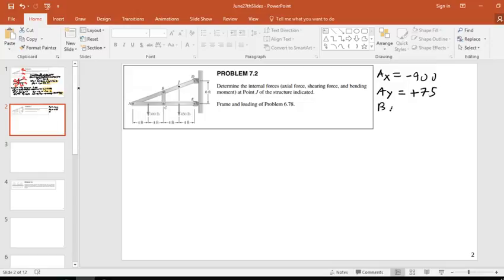BY was negative 825. DX was 900 positive. And DY is 750. Yes, thank you. Will keep me from bouncing back and forth. And pounds all around.